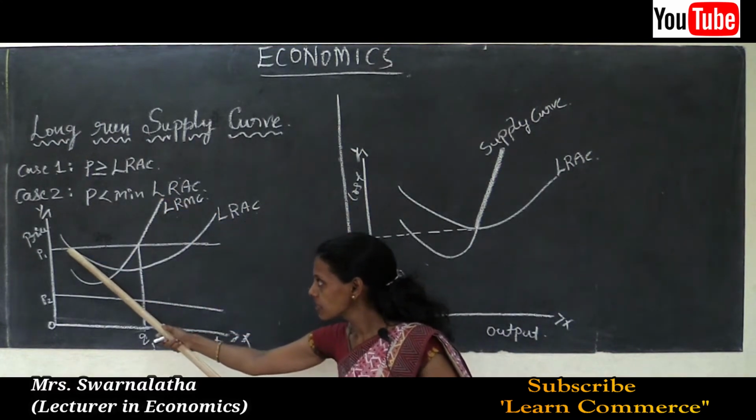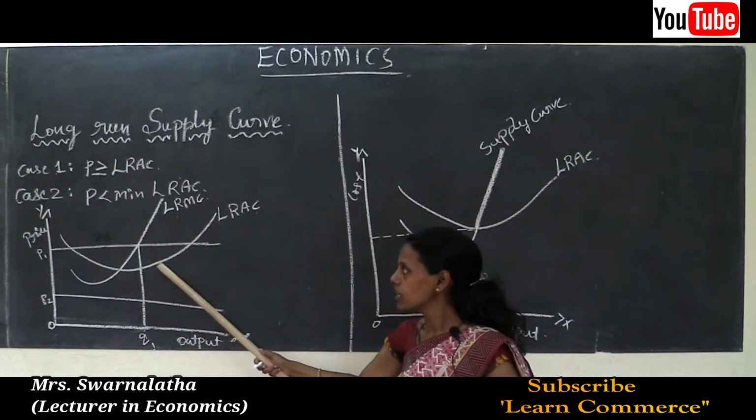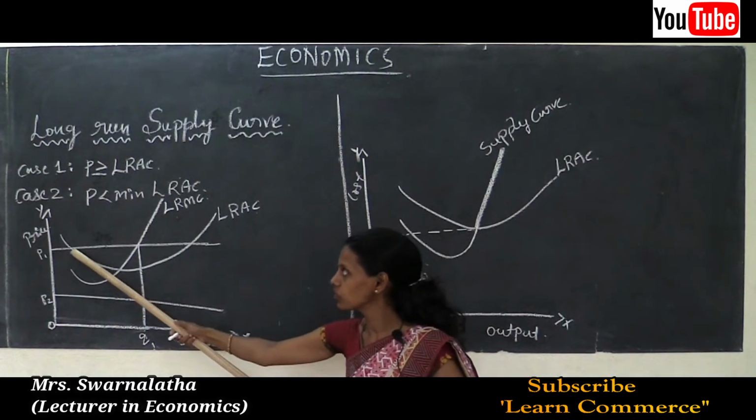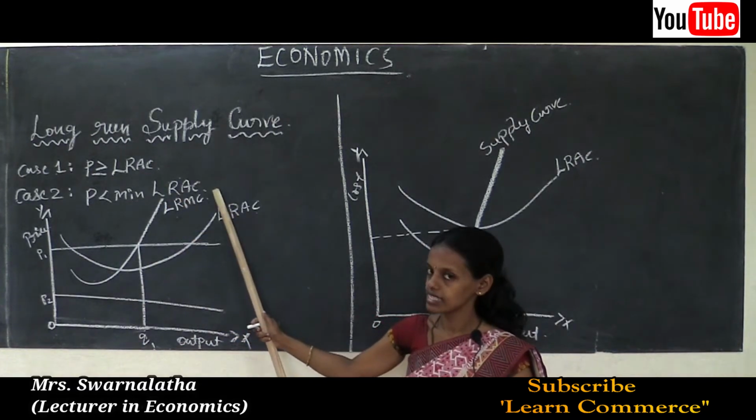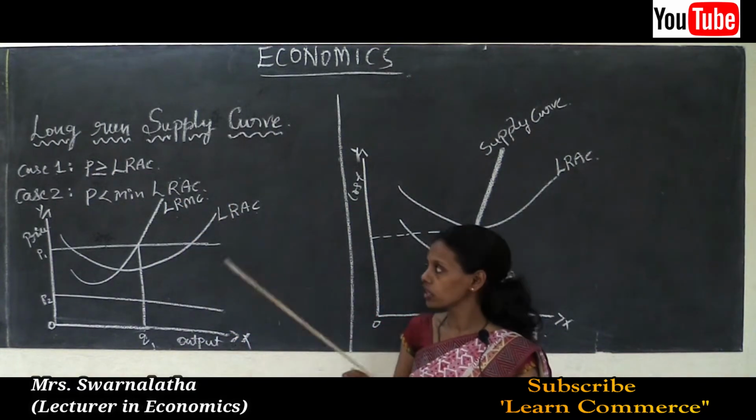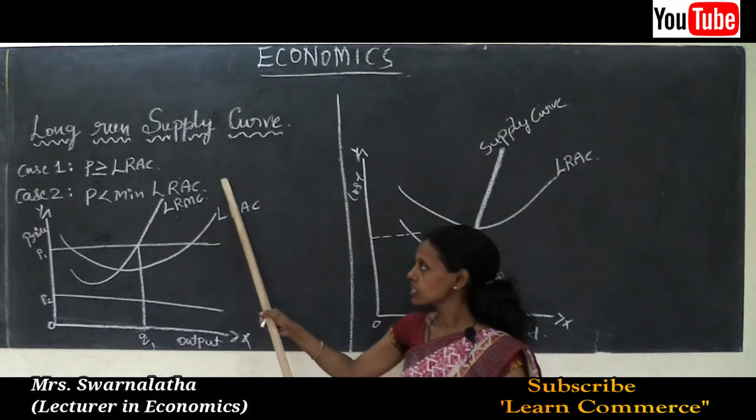Here, the downward slope of the AC curve shows less than minimum LRAC. LRAC is nothing but the long run average cost curve.